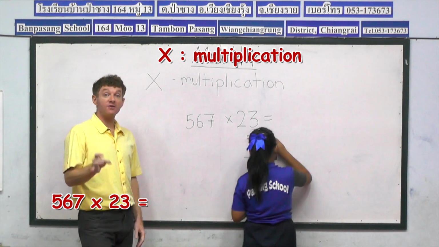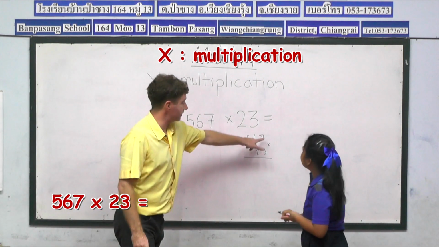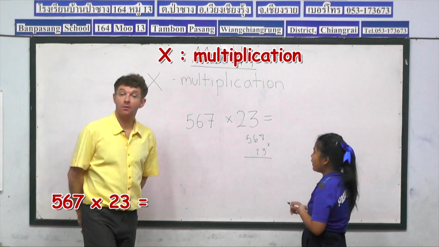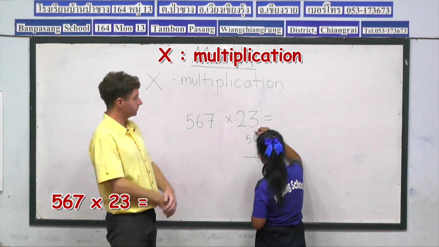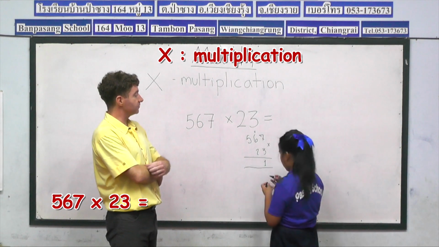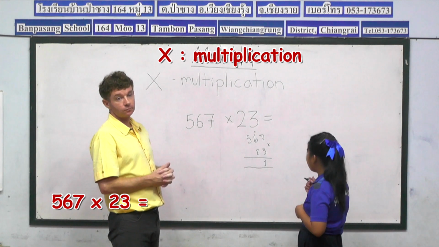And as always, we begin in the ones column. So 3 times 7, 21. So we'll write the 1 and carry the 2. 3 times 6 equals 18 plus 2, 20.